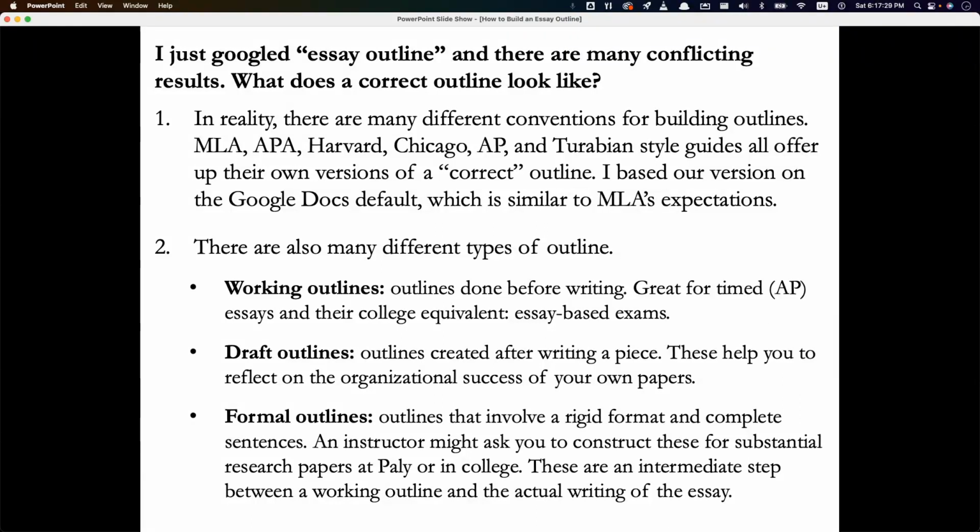And those are often used as an intermediate step between a working outline, or between the early process of doing research, and the actual writing of the essay. It's often really helpful for a teacher to see where your thinking is along the way, and the formal outline often checks that box.